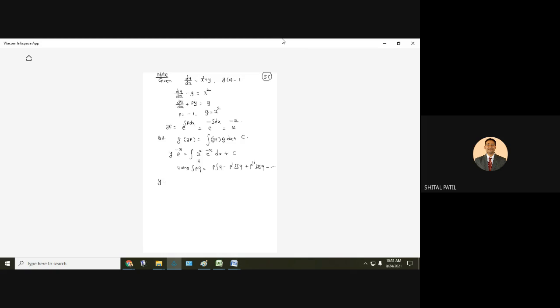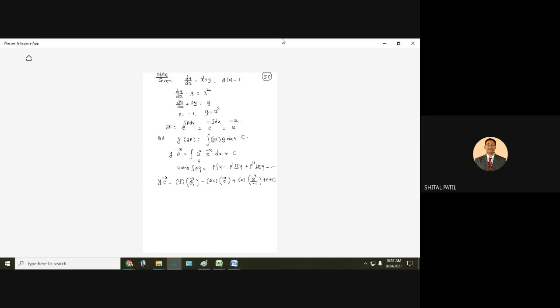Let me use that formula. E raised to minus x: p as it is, integration of q, e raised to minus x divided by minus 1, minus p dash integration of q twice, minus minus becomes plus, p double dash is 2, then integration e raised to minus x divided by 3 times minus 1, so minus 1, and then the next term is 0 and then the constant.